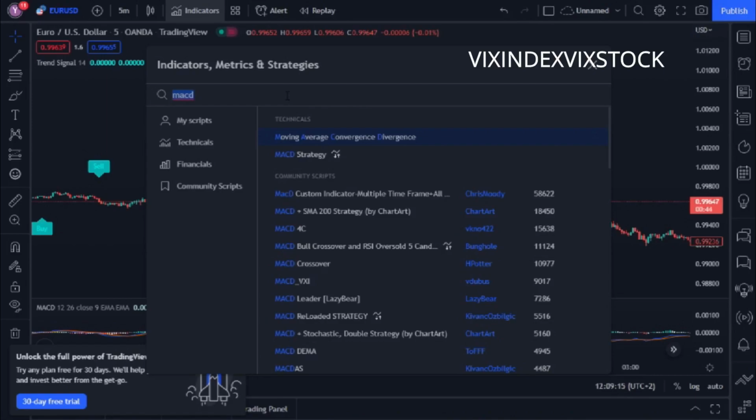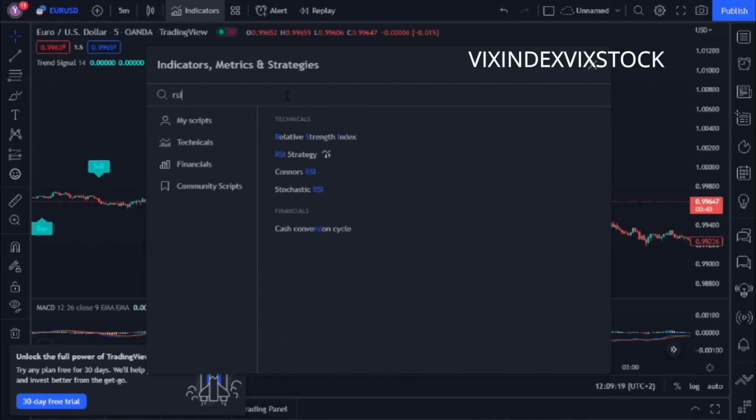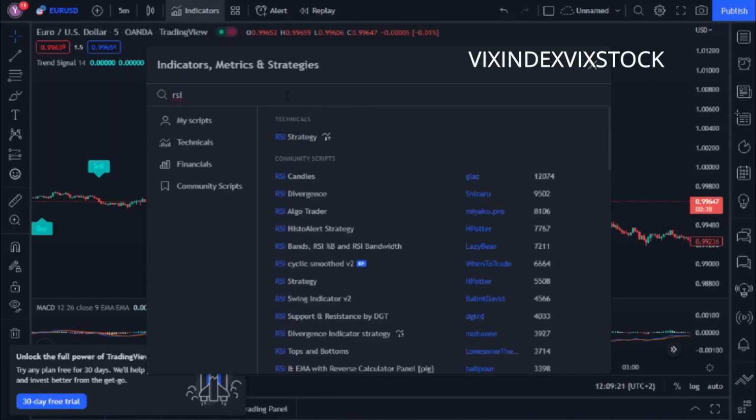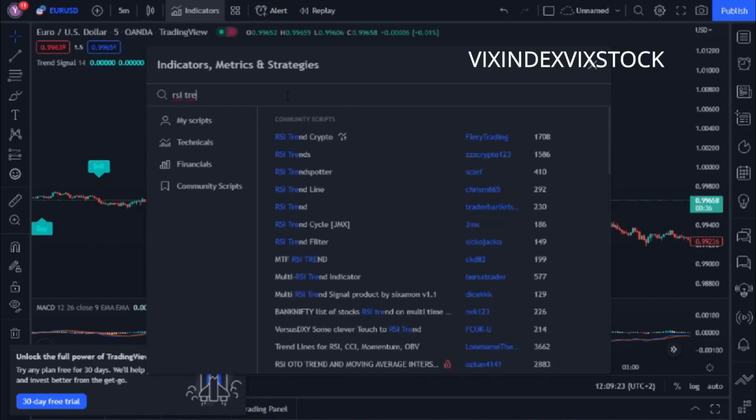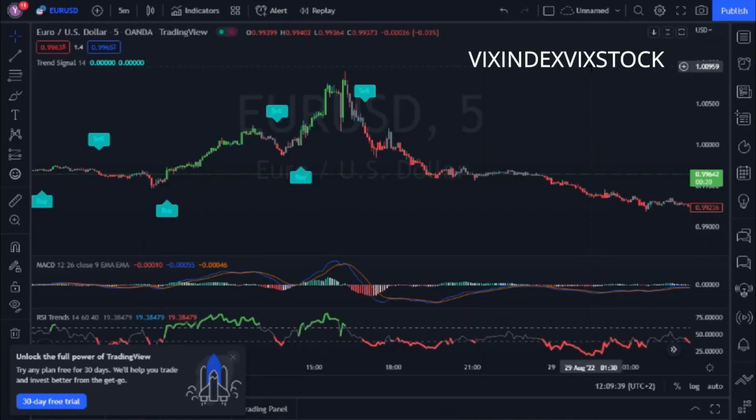Then we are going to add the third and last indicator, which is RSI Trends. So we're going to choose this RSI Trends by Triple Set Crypto 123, and that will be our third indicator, and we are done. That's all that we need to do with the system.